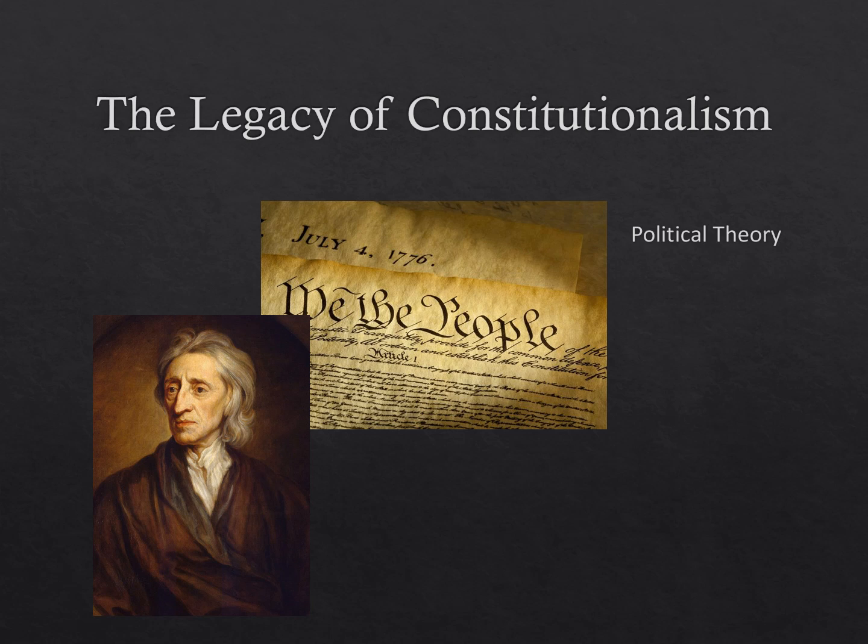Basically, his idea is that governments don't rule because God put the king there. This is what absolutist monarchs argued. But rather that governments, whether they be kings or parliaments or anybody else, are there because they are doing something useful. They're there because the people wanted to put them there, at least originally. All right, and this became known as contract theory, that people are willing to give up some of their powers, right?